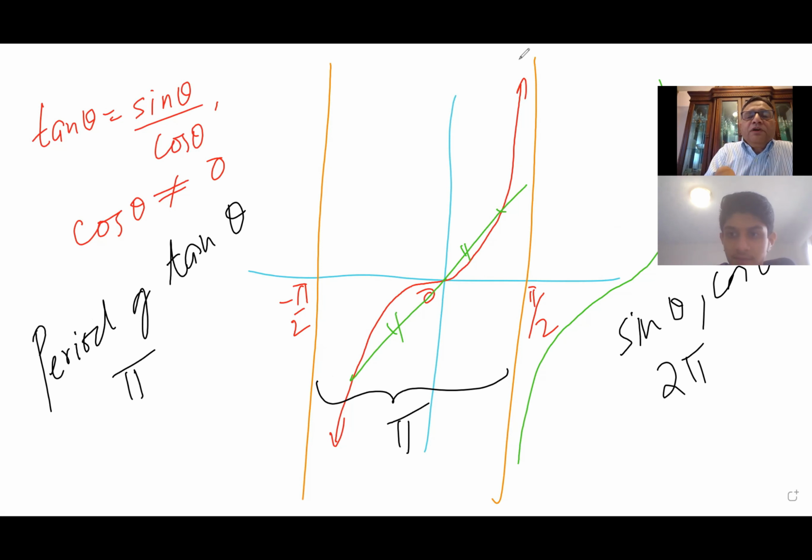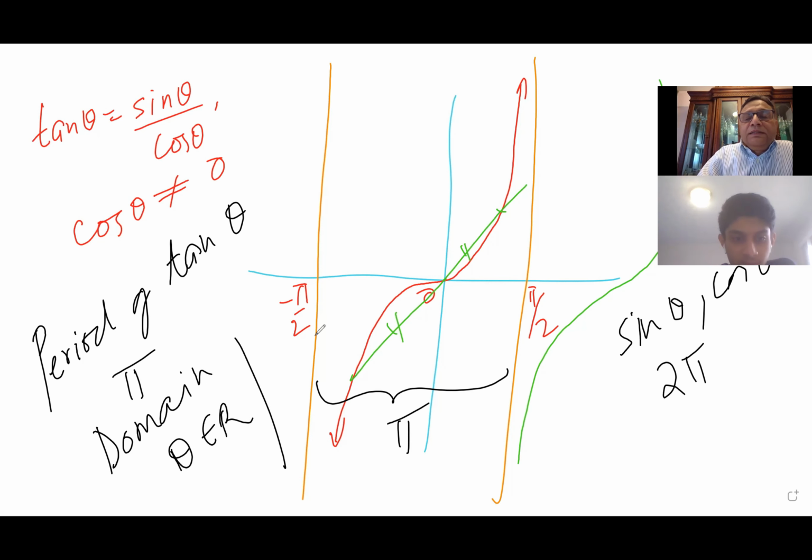Okay. So for the tan function domain, you can say theta belongs to real numbers where theta is not equal to odd multiples of pi by 2. We can write odd as 2n plus 1, times pi by 2.